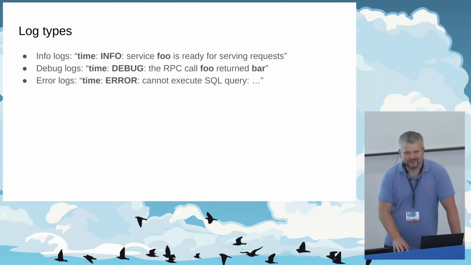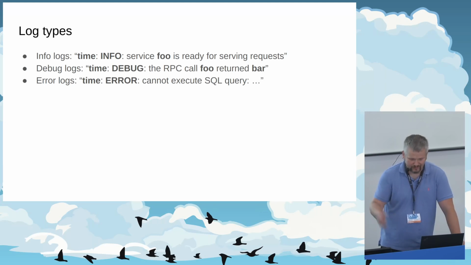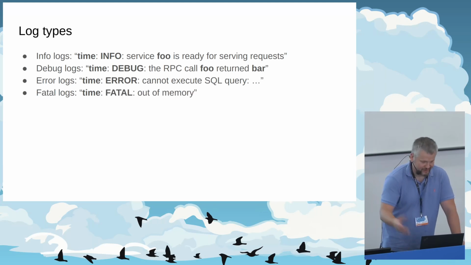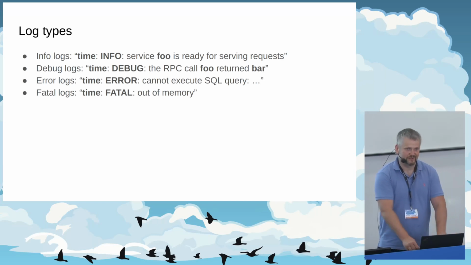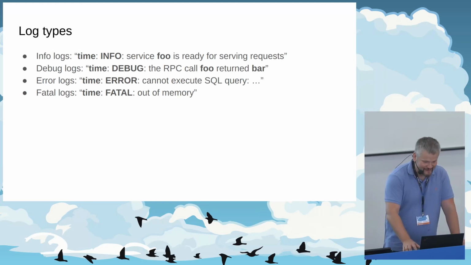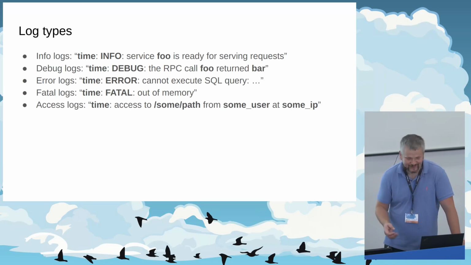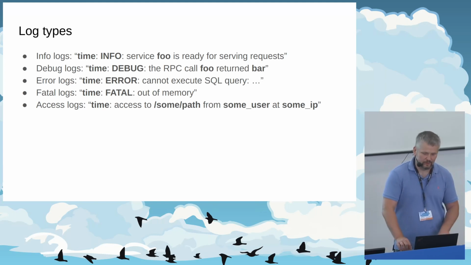There are error logs. These logs are usually used for informing about some unexpected conditions when some query cannot be executed. There are fatal logs when your service cannot continue because of some fatal errors such as an out of memory crash. There are access logs which are used for logging web service access to different pages from some users, from some IPs.